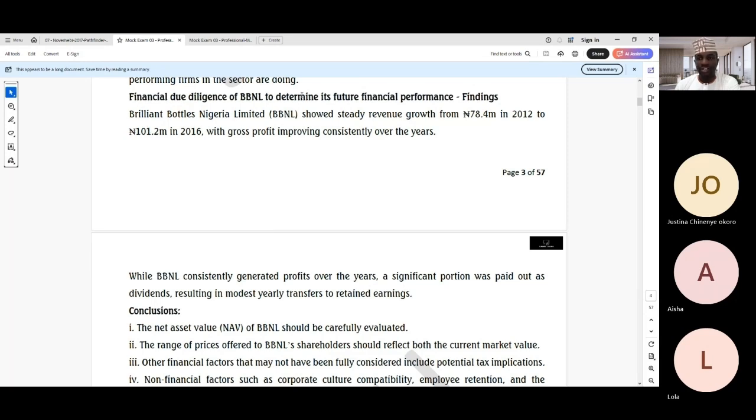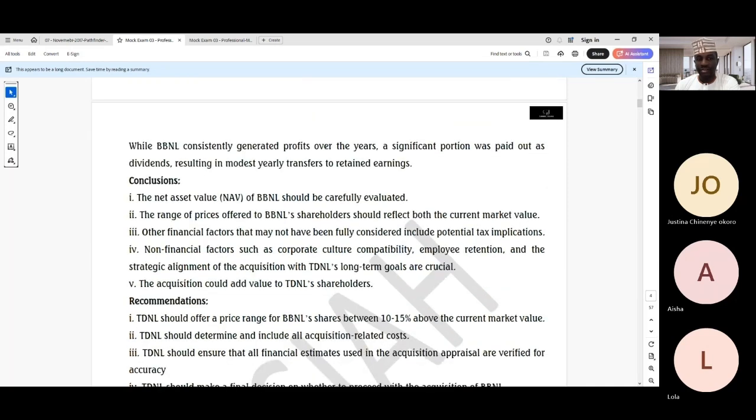The financial due diligence talked about BBNL's steady growth from this to this in 2 lines. We also speak to BBNL's consistent generated profit over the years as a major finding, and we said it's modest and it's good. So you do that in 2 lines, no story. Executive summary, there's no story.